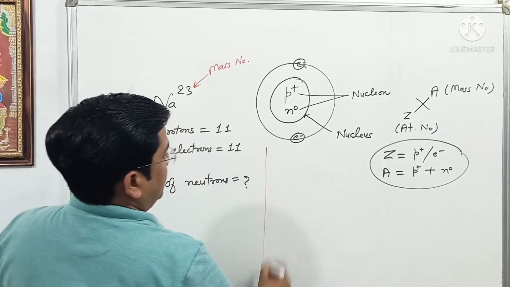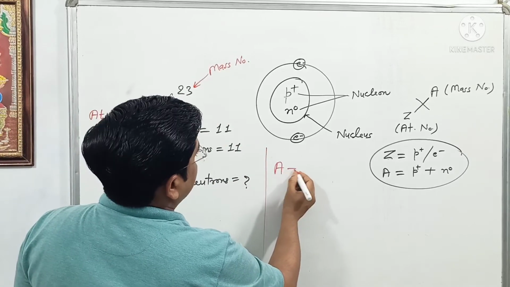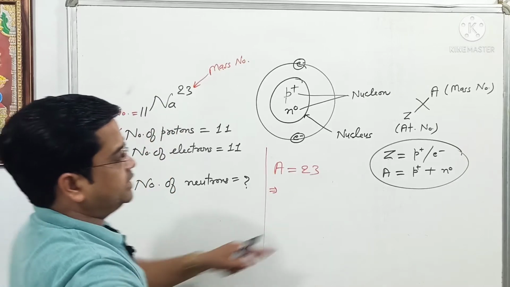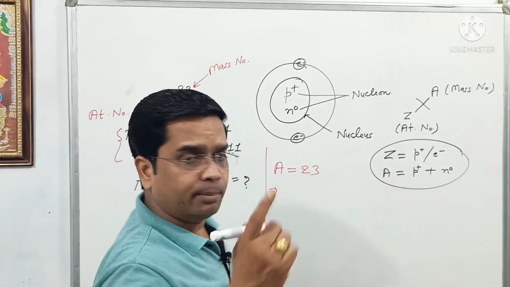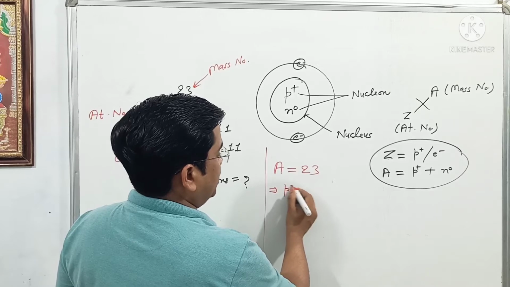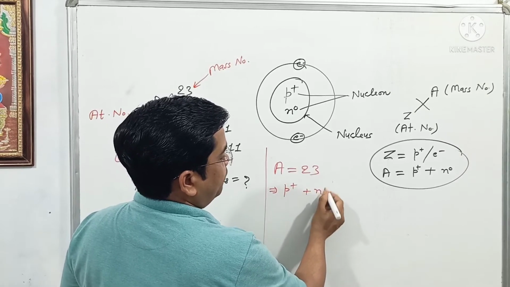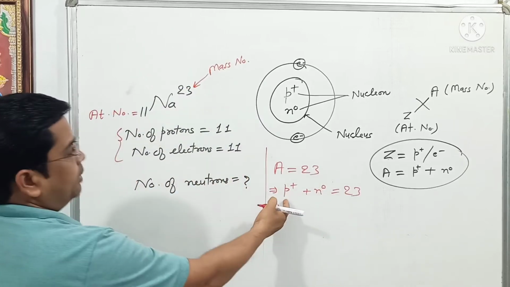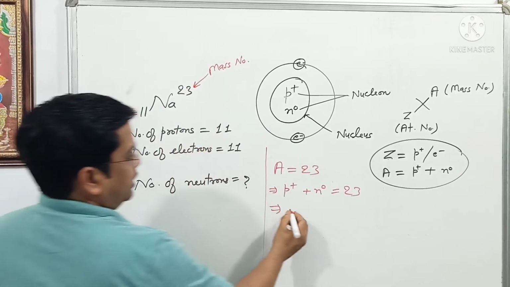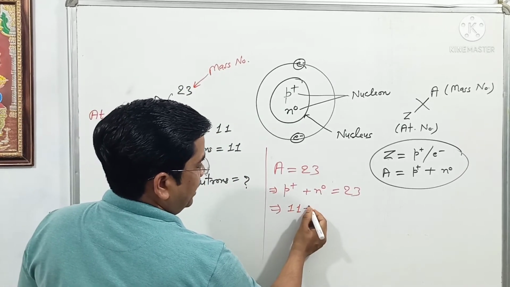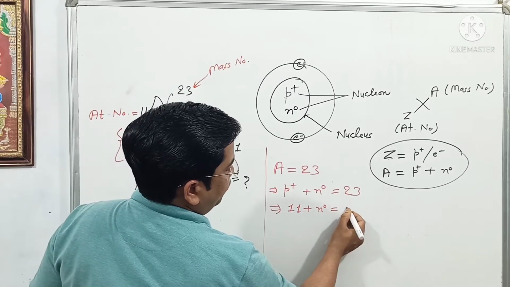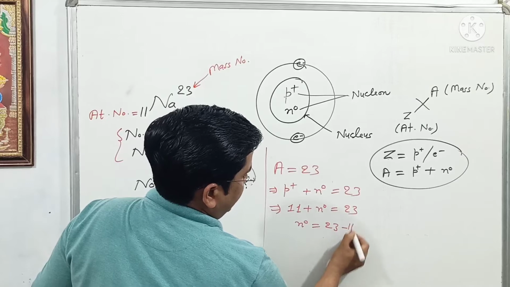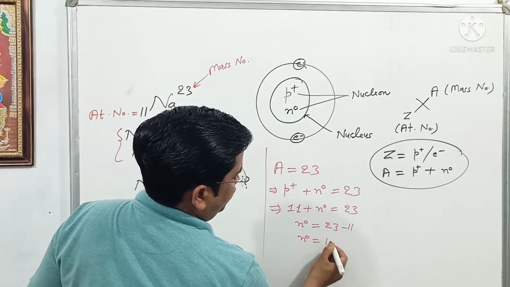Mass number A is given as 23, and you know friends, mass number is equal to the number of protons and the number of neutrons. Number of protons is given as 11, that's why I will put 11 here, and the neutron number will be known very easily. 23 minus 11 means neutron number will be 12.